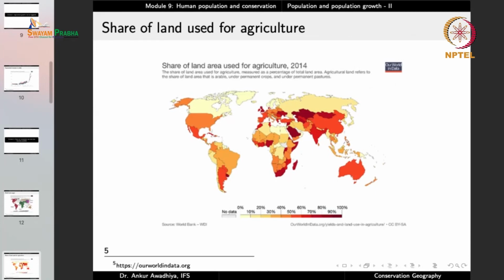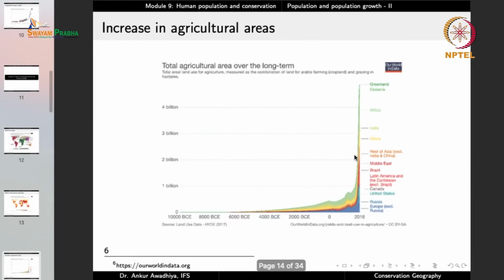Currently, if we look at the share of land use for agriculture, in certain countries it has increased to roughly 90% or even more. And so the area that has been brought under agriculture has been increasing.